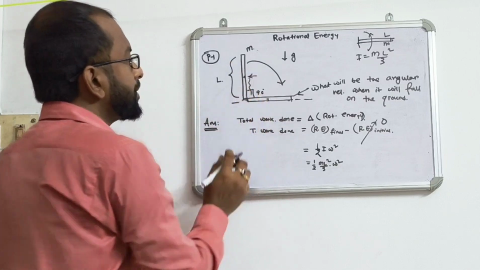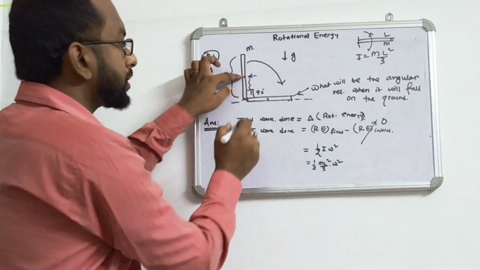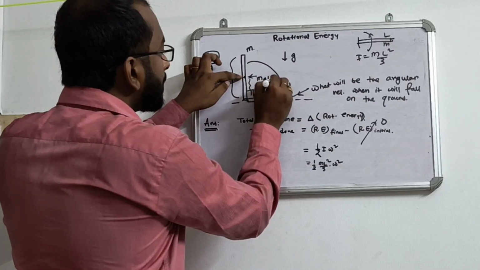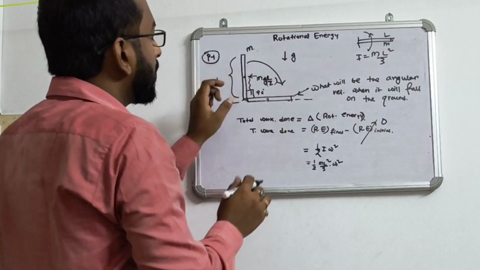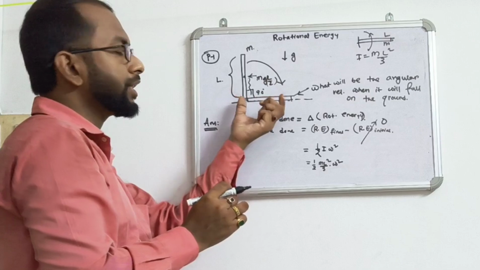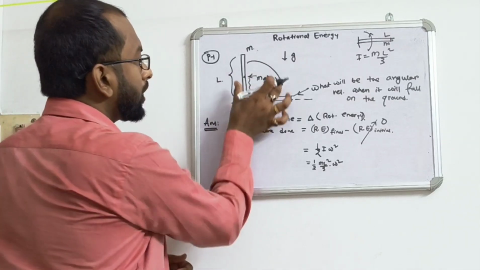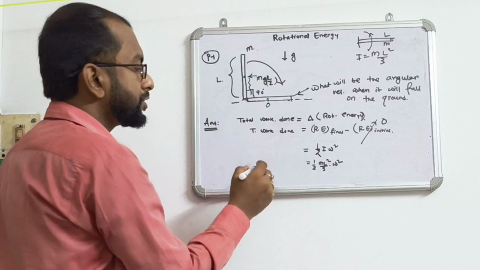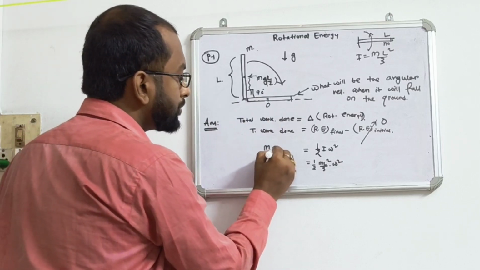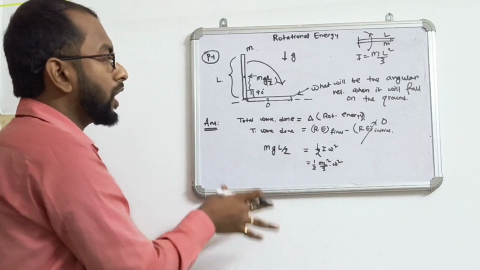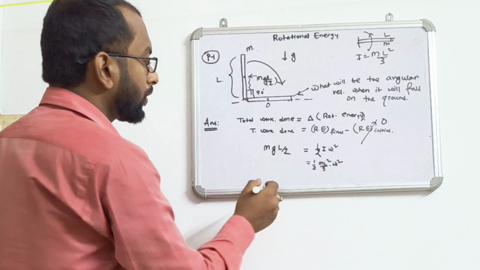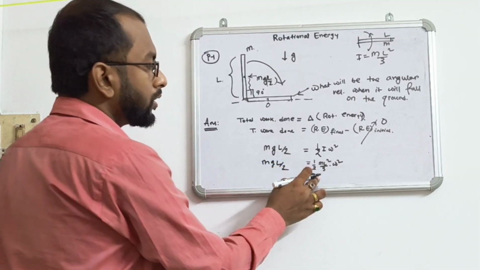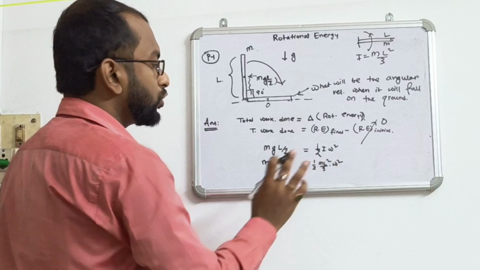What was the potential energy initial? Its center of mass is at L by 2 distance. So it is mg into L by 2, because the center of mass is falling by an amount L by 2 when it hits the ground. So the net work done is mg L by 2 minus 0, since the final potential energy is 0. So mg into L by 2 is the net work done on this rod, and that is equal to half of m L square by 3 into omega square.